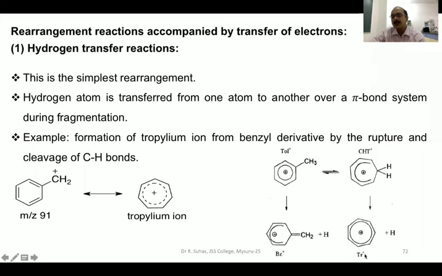In short, it is named Tr+, referred to as the tropylium cation. So in future we can say tropylium cation or Tr+. And this is one of the simplest rearrangements that we are going to see in mass spectrometry, that is the hydrogen transfer reaction, or hydrogen transfer rearrangement.